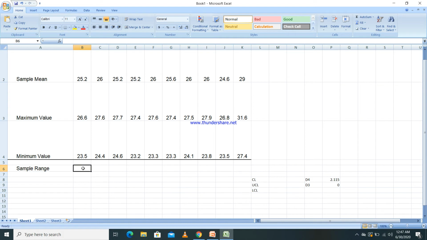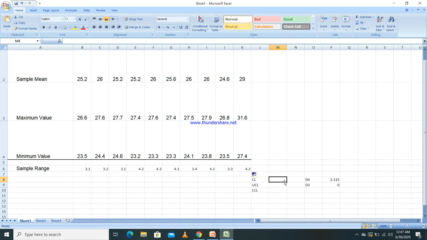So if you take day 1, I have to take the maximum value and subtract the minimum value. I have to do the same thing for all 10 days, so I'm going to drag this one. See? So I have the sample range values.